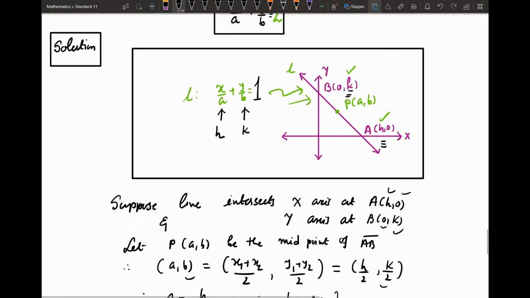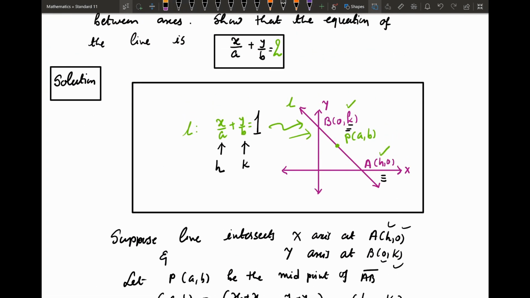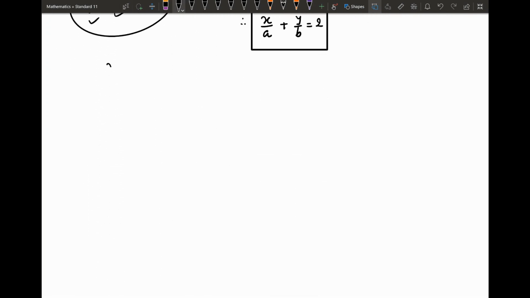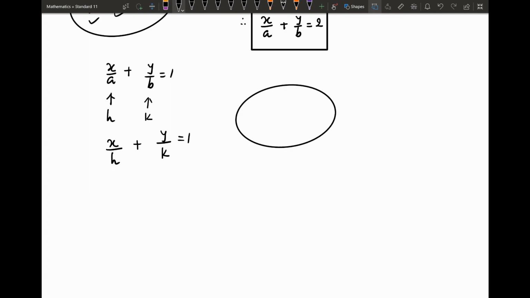This is the required equation. So, not to confuse: the original intercept form is x by a plus y by b equal to 1, with x intercept h and y intercept k. So it is x by h plus y by k equal to 1, and (h, k) is the midpoint.